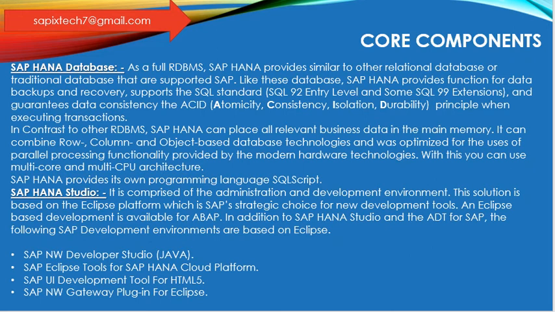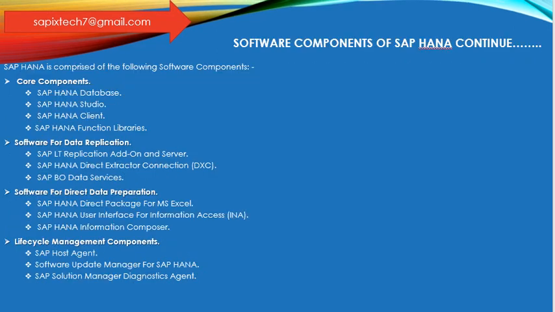As you can see in my previous slide, the core component is the SAP HANA database. Obviously, when we talk about SAP HANA, we are talking about the SAP HANA database. So how do we access that SAP HANA database? Through HANA Studio.